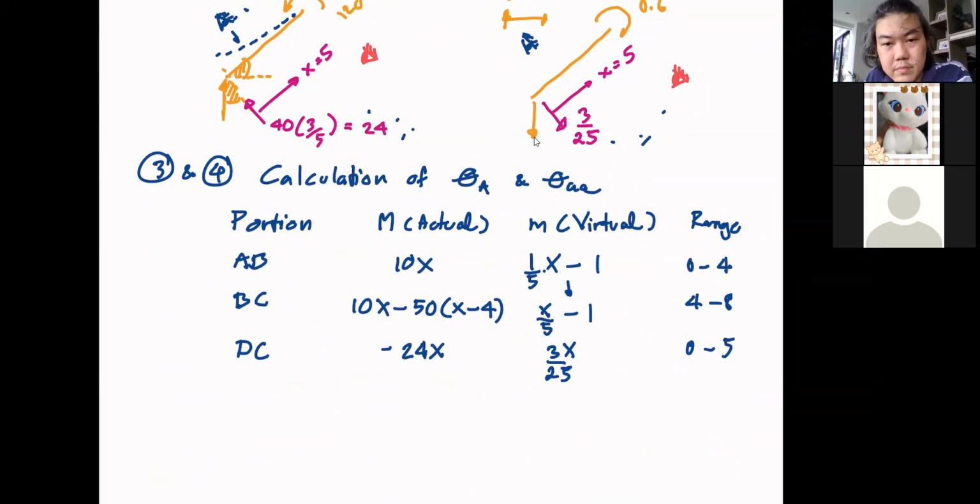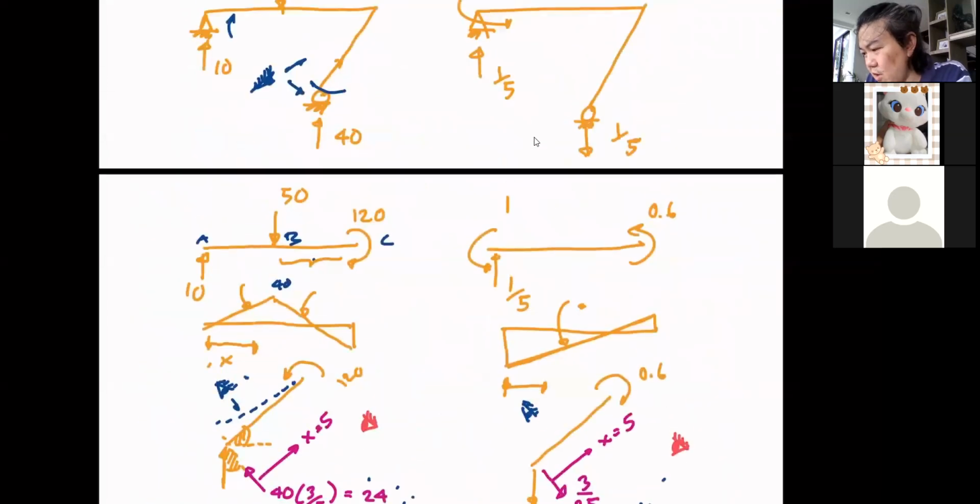Could I use the value from C to B? In this instance, you use B to C, right? Of course you can, but if you go from C to B, you will have the constant moment. So for me, it's a little bit more hairy. If you begin your integral or equation from this point on, remember you also have the shear.